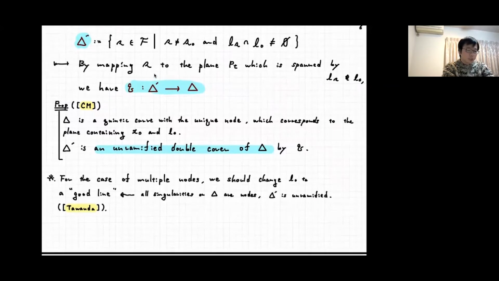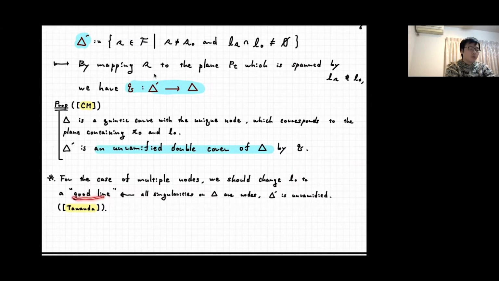So especially about the treatment of the places F and F prime, we need to consider a more complicated situation for the multiple nodes case. Here, because of time, I just want to say that for the case of multiple nodes, we should change this choice of the L node to a more appropriate good line.